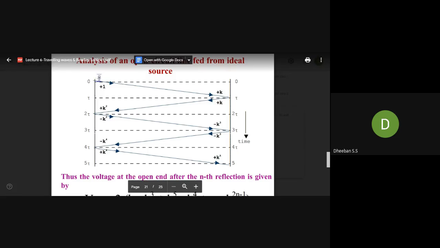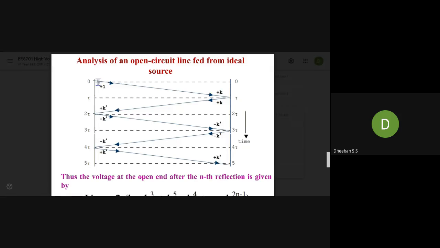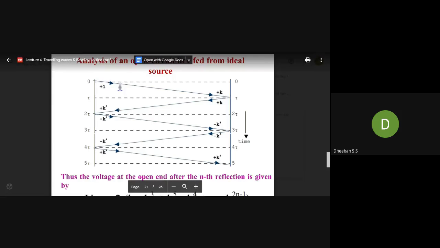When it is coming from one end to the other end, you can take this as junction 1 and this as junction 2. From junction 1 it is starting, and junction 1 will have the ideal source.